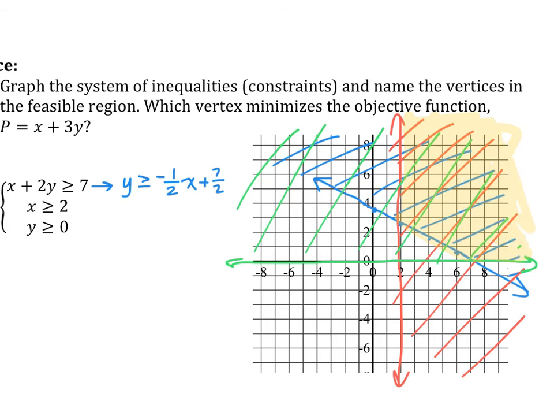All right, let's talk about vertices. We know we're trying to find a vertex that minimizes the function, and our objective function is x plus 3y. The question is, where are the vertices?